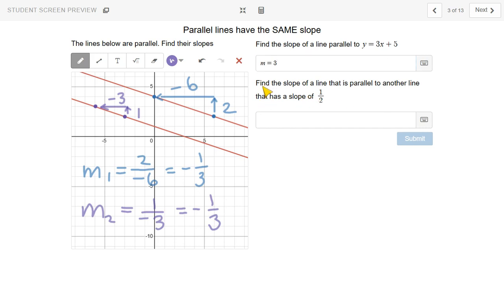The second question, find the slope of a line that is parallel to another line that has a slope of half. Once again, if the lines are parallel, the slope is going to be exactly the same. So m of the new line is going to be half, or we could say 0.5.